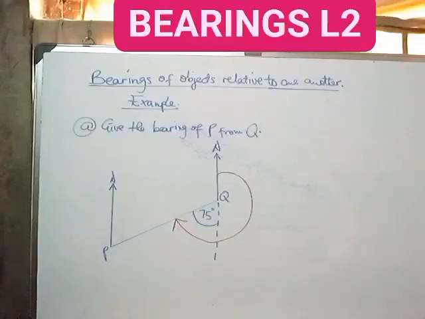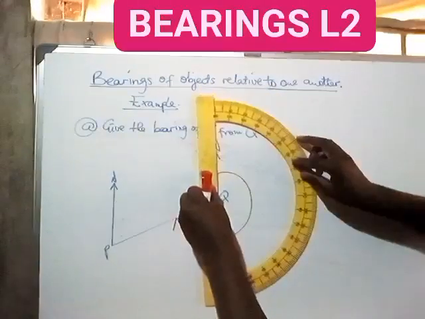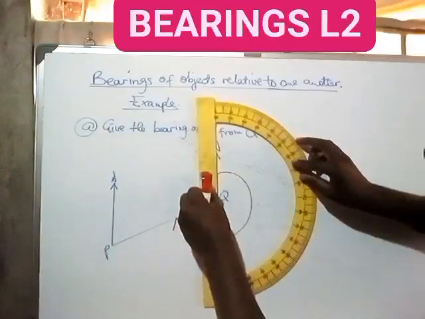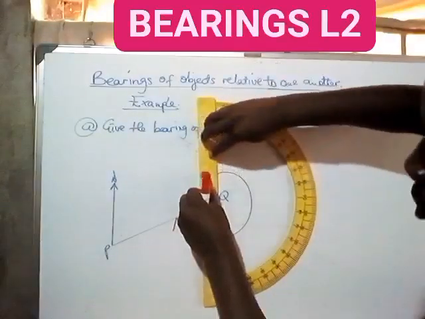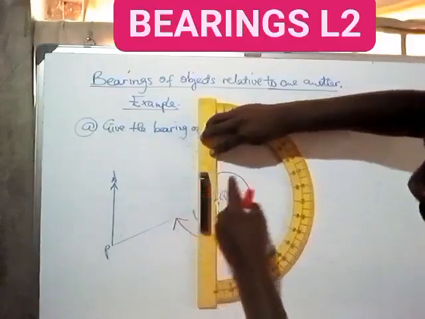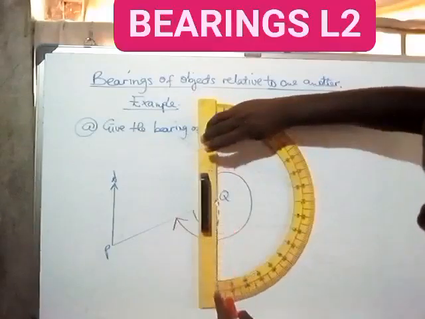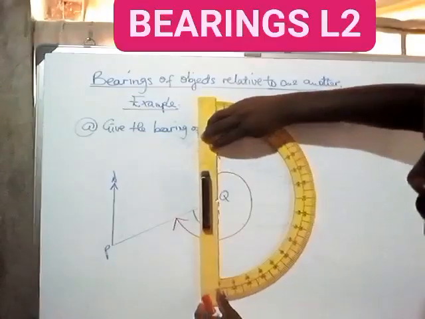Now using the protractor, we are going to find the angle. Like I mentioned earlier, angles on a straight line. If you look at this line here, from the north we go up to this broken line.